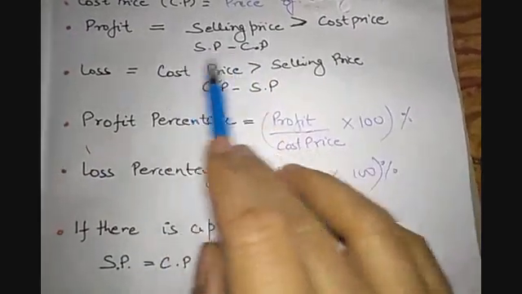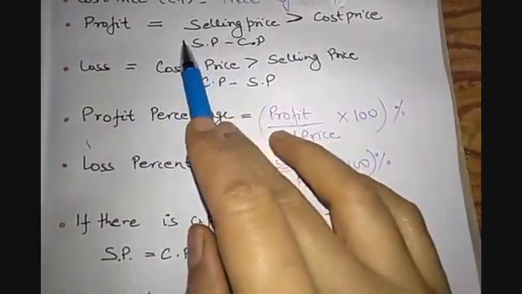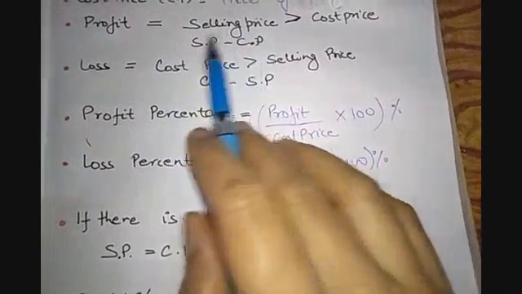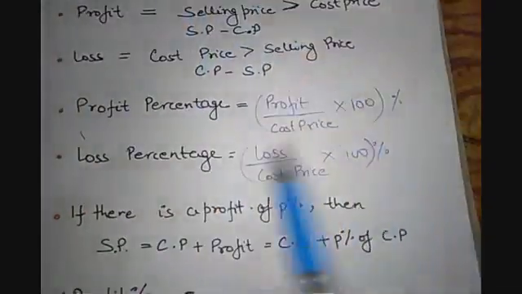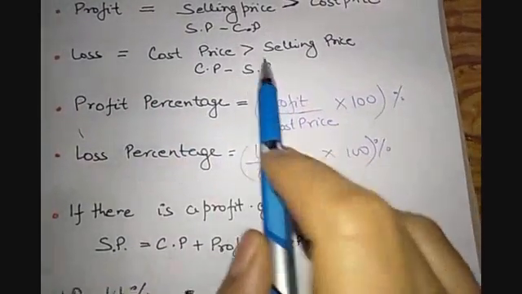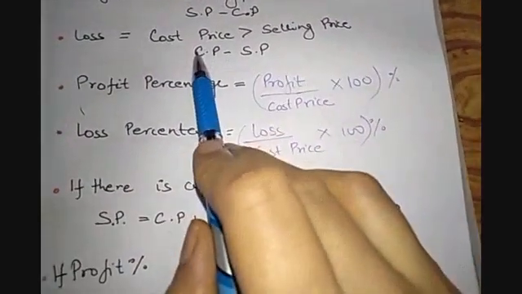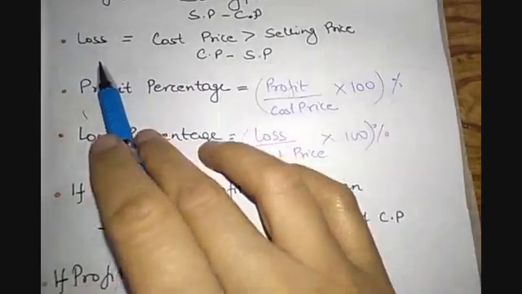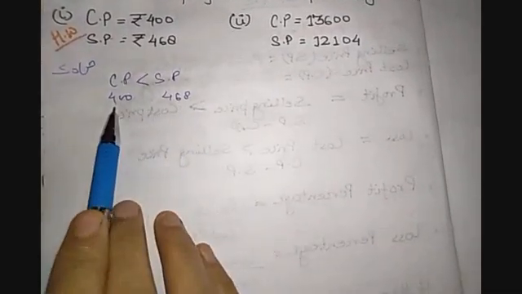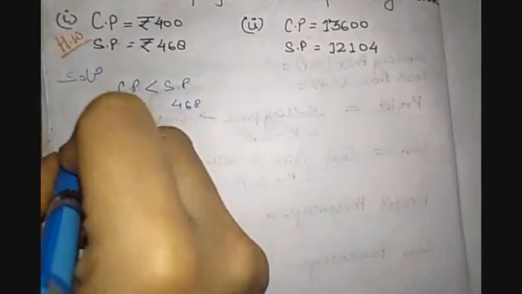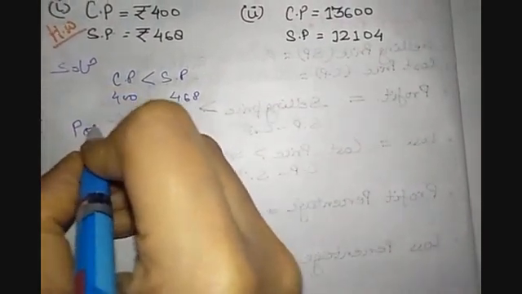And how do we find the profit? By subtracting cost price from selling price. And how do we find the loss incurred? By subtracting selling price from the cost price. So here selling price was greater and cost price was lower, which means we got a profit.